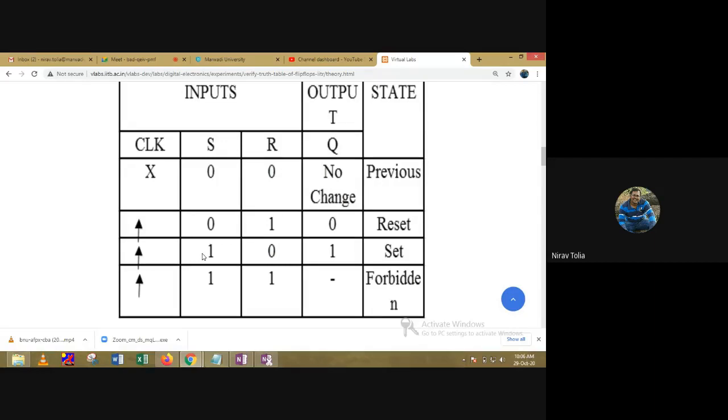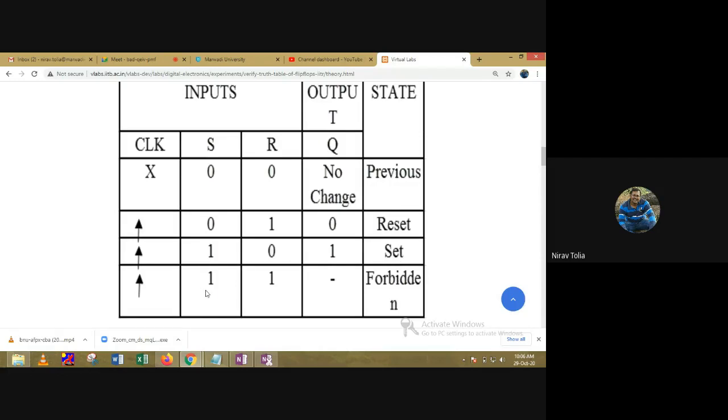And suppose I am giving the clock pulse, and at that moment, if my S is 1 and R is 0, then this state is known as the set state.